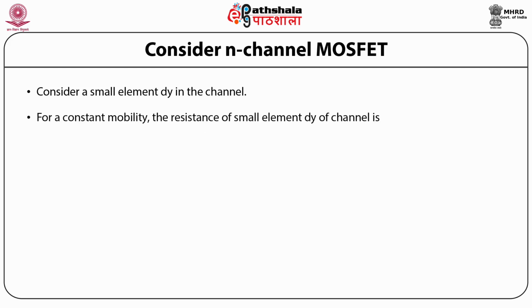So for a constant mobility, the resistance of a small element dy of the channel is dR equal to minus dy by Z mu n Qn as a function of y.